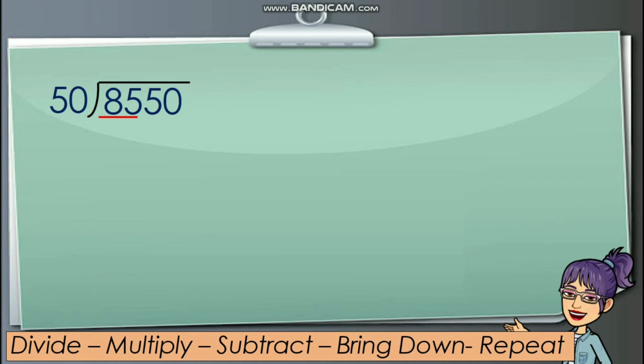So in this case, when we divide 85 by 50, the answer is, what do you think? It's 1, since 50 times 2 is equal to 100, and that is more than 85, so we will stay at 50. So 85 divided by 50 is 1, and write 1 aligned to 5.